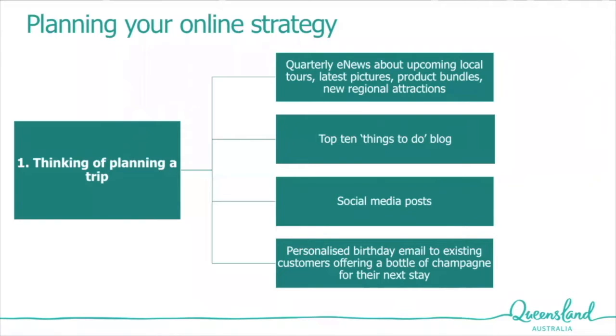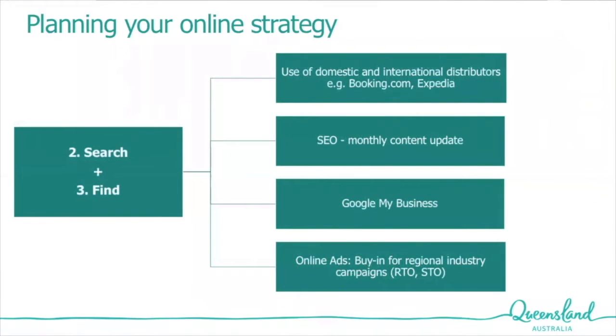So all these suggestions are here purely as examples, and they're in your workbook as well. So thinking of planning a trip, we've got some ideas here. Now, you would want to be choosing online marketing activities and social media platforms that are really relevant to your ideal customer personas.